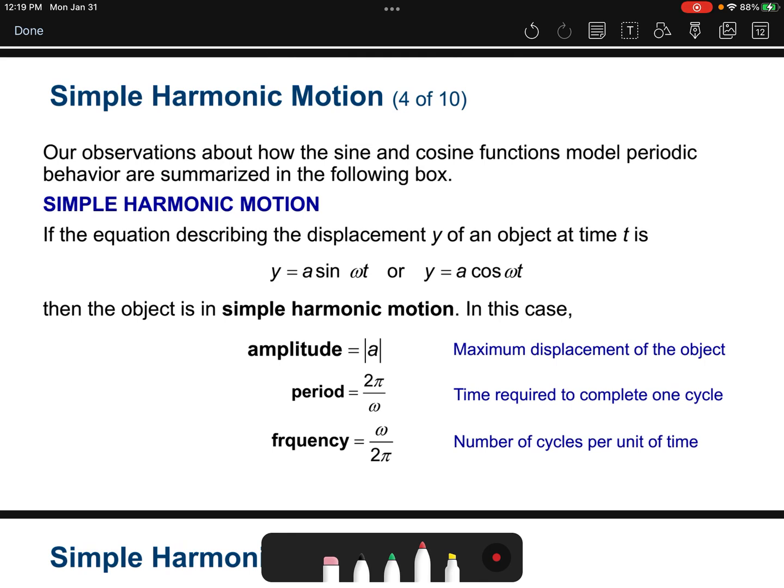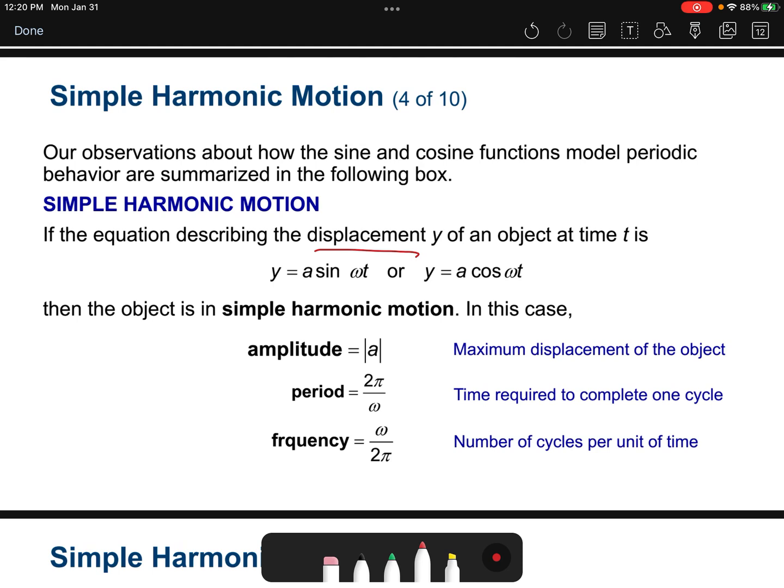We're going to use the same formula that we used before for sine and cosine. A sine, but instead of K, we're going to use the old school omega. That is letter omega. And that makes us know that we're describing displacement of an object, whether it's a sound wave, or an oscillating object, like a weight or a pendulum.